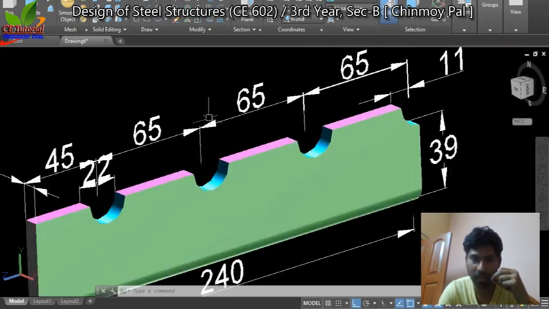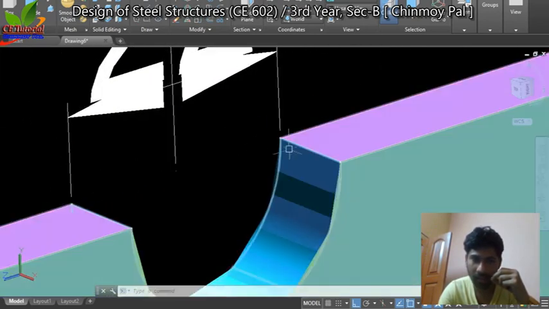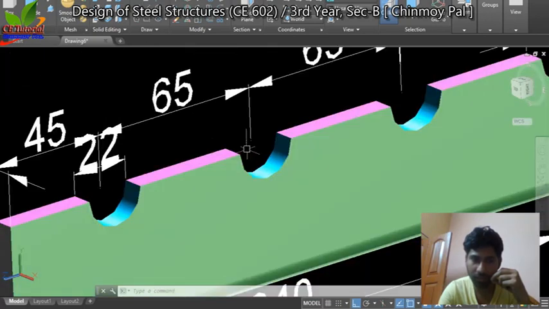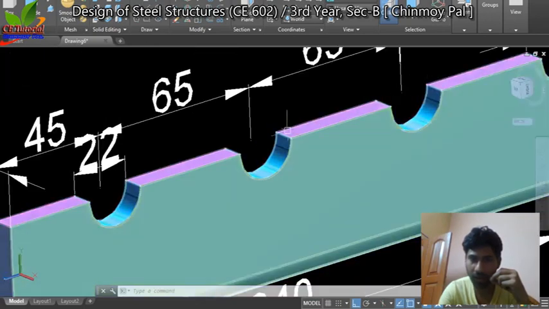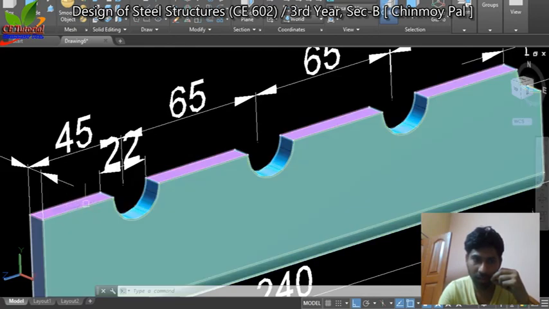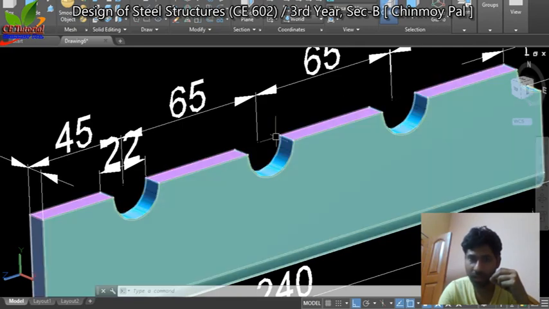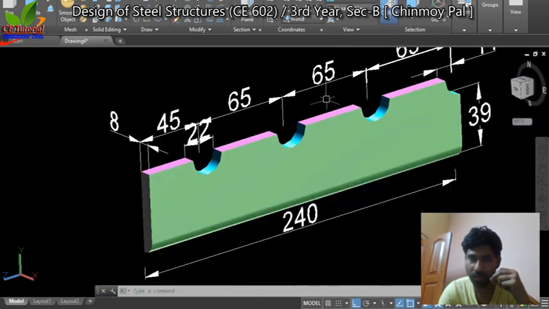And net section you can calculate by deducting this projected area, this area for hole, this area, this area. So in the figure, this red color, if you add this plus this plus this plus this, you can find the net section.